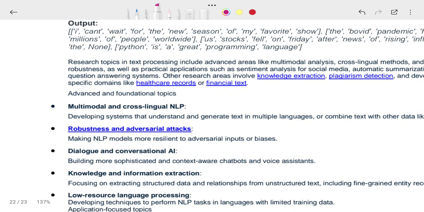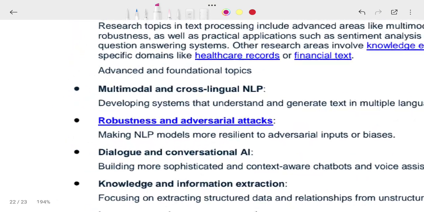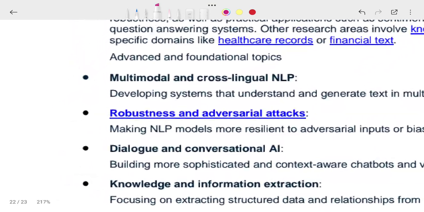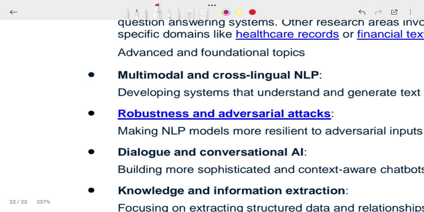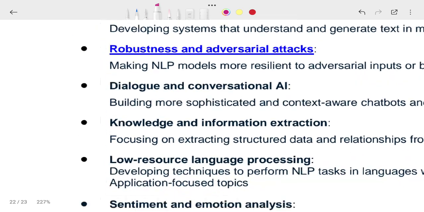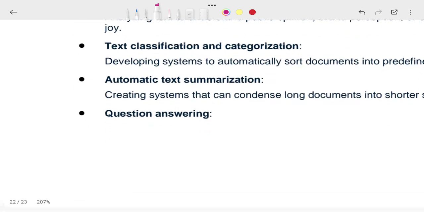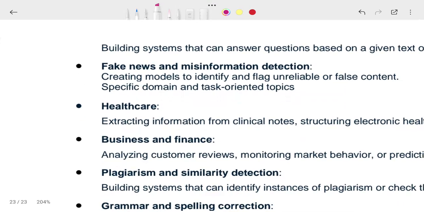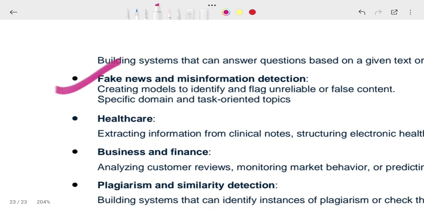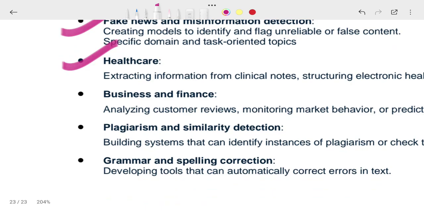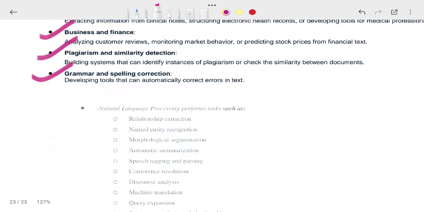And if we have made some mistakes, then please pardon us, tell us and write in the comment box. We will try to fix such problems. There are many applications of this in natural language processing, and we can also apply them in our research, such as fake news, healthcare, business, finance, plagiarism checking, and grammar and spelling mistake correction.